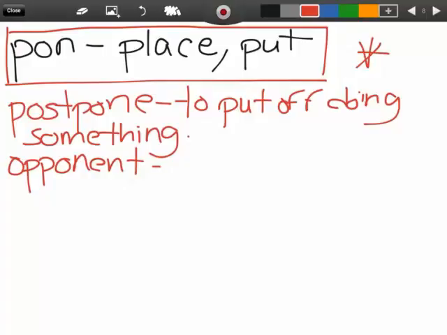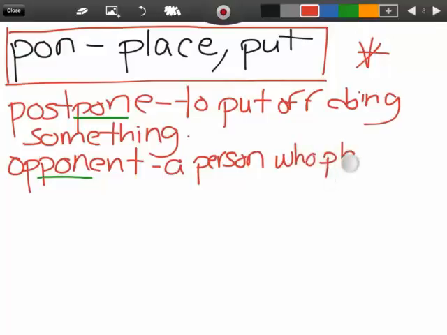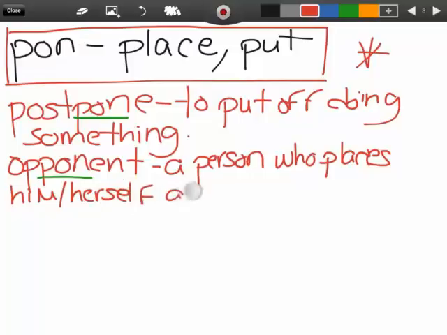Before I move on, let me go ahead and underline these roots for you so you can see it. Pawn, pawn. And that means a person who places him or herself against an action.